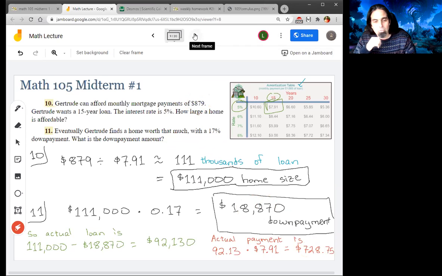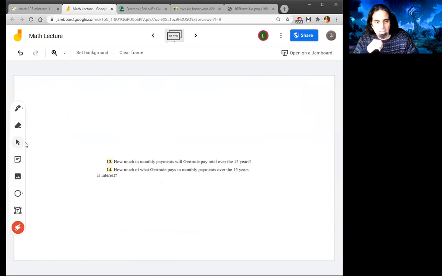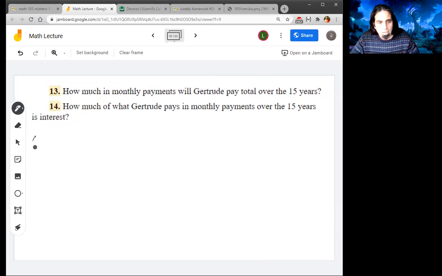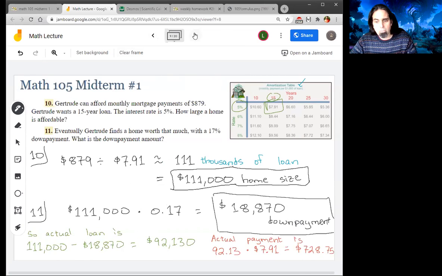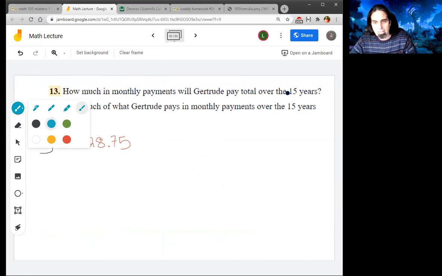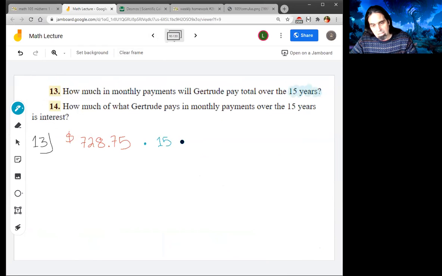So now is where it gets a little different than the homework. How much will she actually pay over 15 years? So she'll take the 728.75. She writes a check once a month.